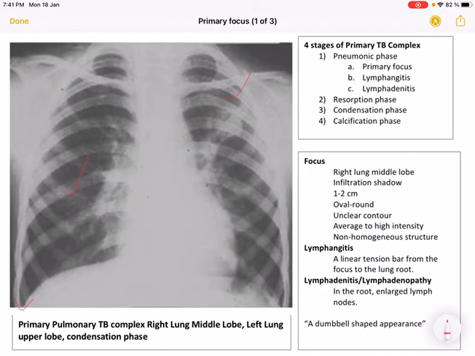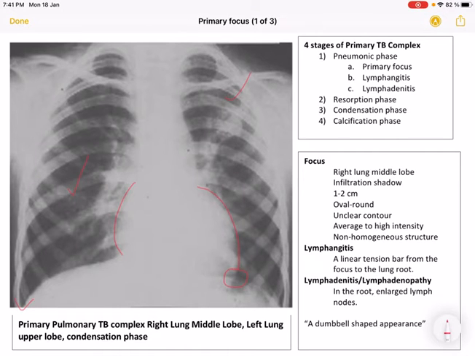There is no sign of hydrothorax or hydropneumothorax. The ribs are clear, there is no rib fracture, and there is no consolidation especially in the lower lobes. The heart borders are clear and the cardiophrenic angle is okay. So these are the general things we need to know.